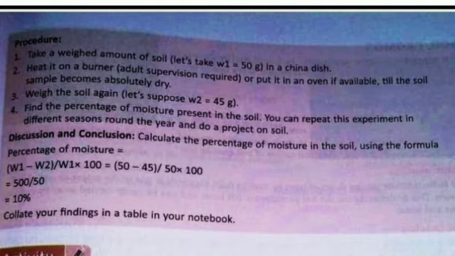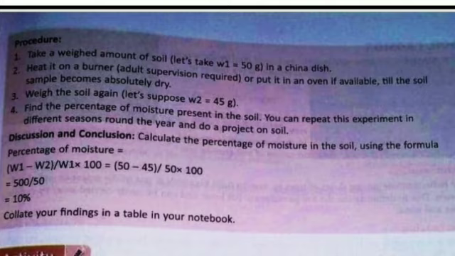Discussion and conclusion. Calculate the percentage of moisture. First we have 50 gram, then 45 gram. So W1 minus W2 divided by W1. First the amount of the soil is 50. So it is divided by, means volume of water evaporated divided by weight of soil.